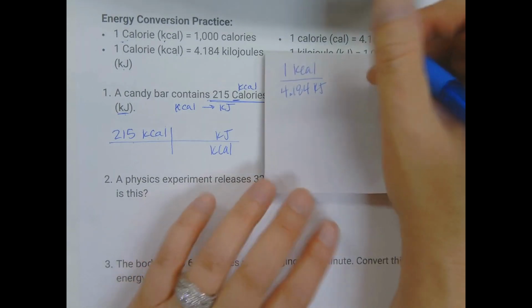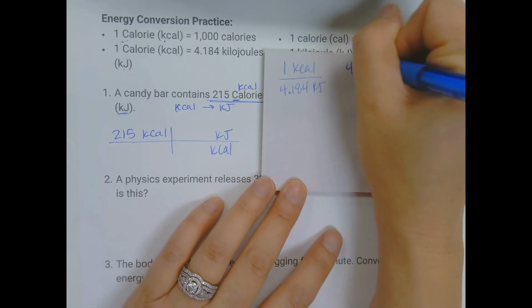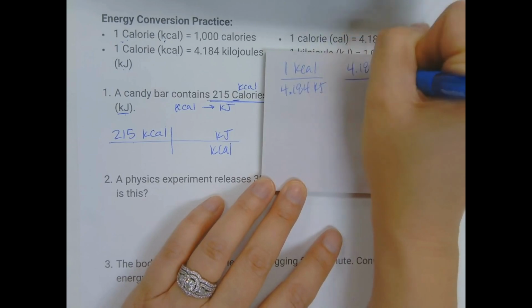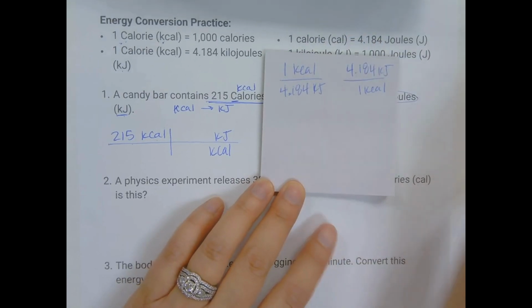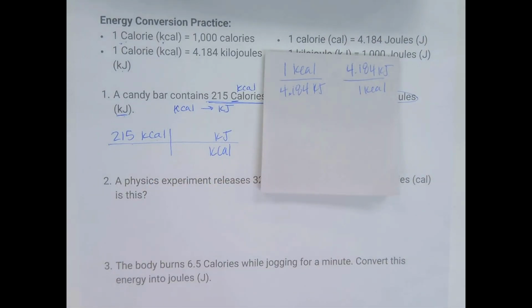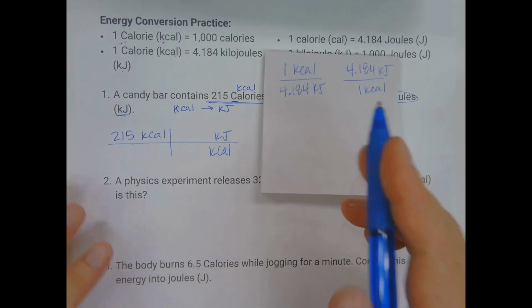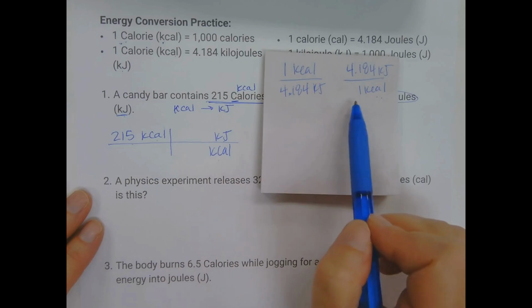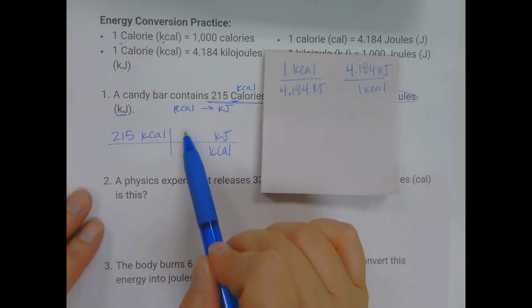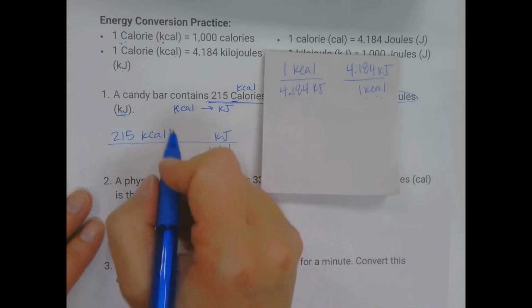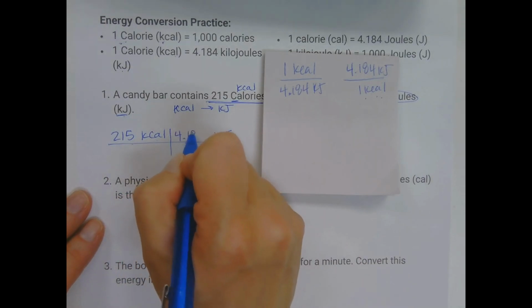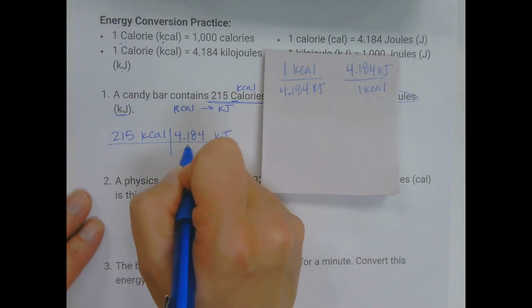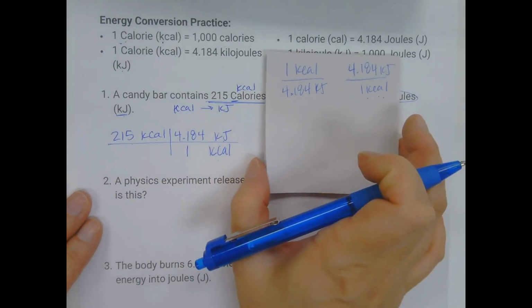And then I can also say that 4.184 kilojoules is 1 kilocalorie. So now I just need to pick the one that matches the units. So on the right, the kilojoules are on the top and the kilocalories are on the bottom. So I'm going to plug in this one here because the units match. So 4.184 kilojoules for every 1 kilocalorie.